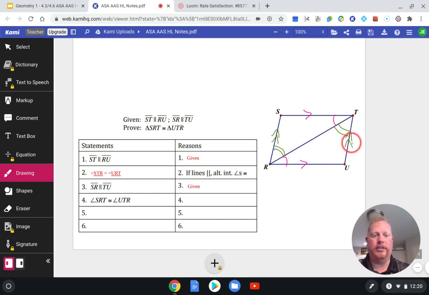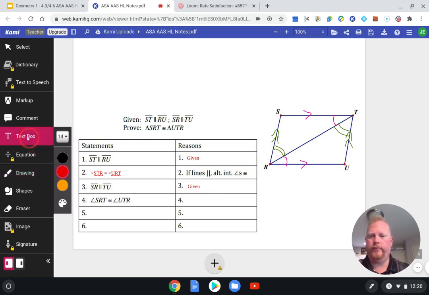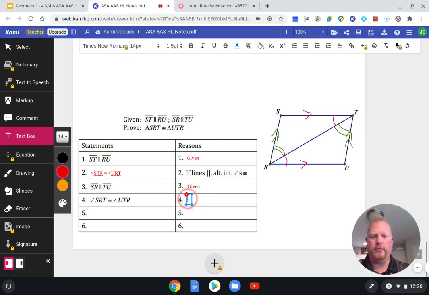But when the two sides, the green sides, are parallel, then you know that these two green angles are congruent. So make sure you know which angles are congruent based off of parallel lines. So how did I know that angle SRT was congruent to angle UTR? Well, because they're alternate interior angles.